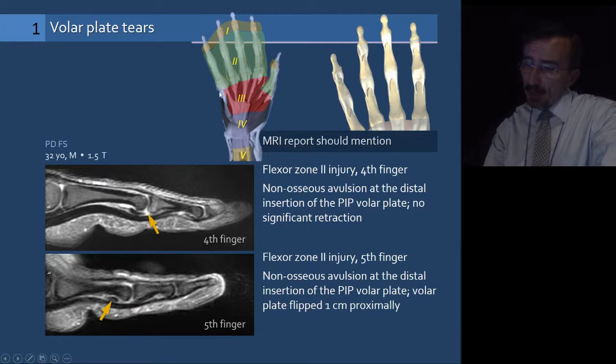So on this particular patient, in an ideal world, we should talk about the zone of the injury, as well as the presence of avulsion, whether it is osseous or not, and whether there is any retraction or not. So we should tell them that there is this 1 centimeter proximal flipping of this torn Waller plate on this fifth finger.